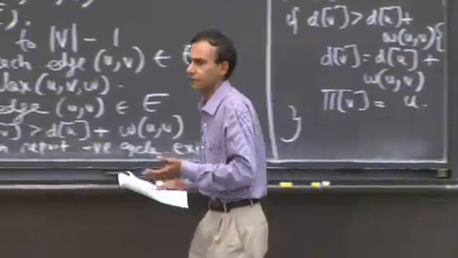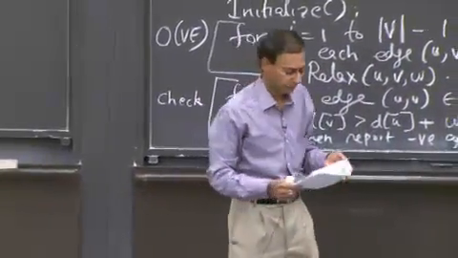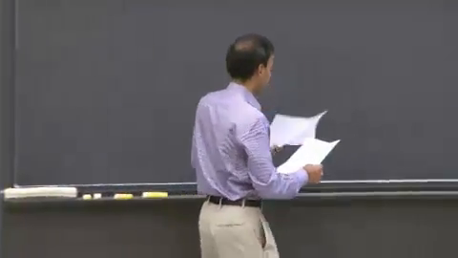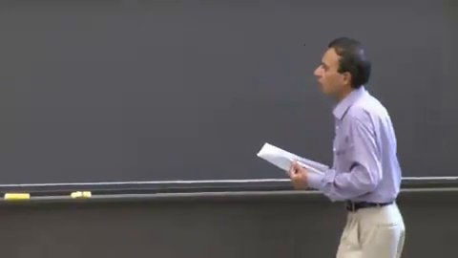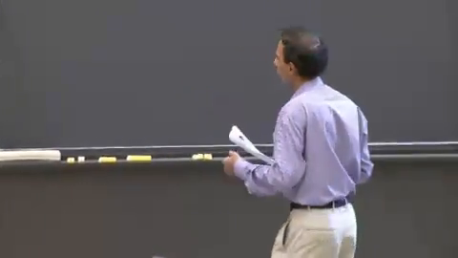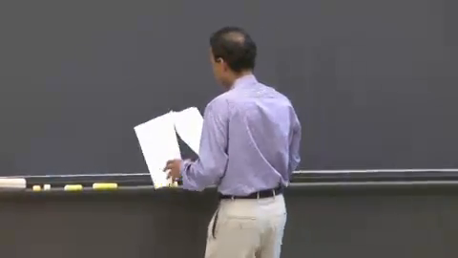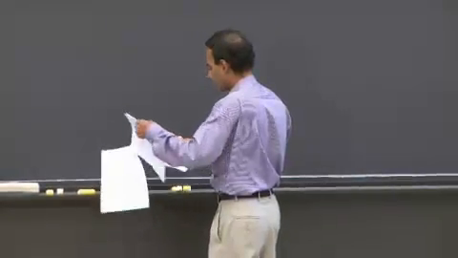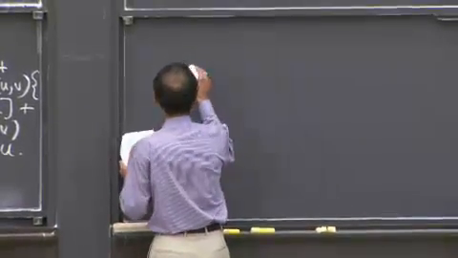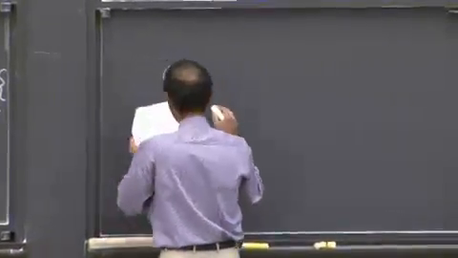So one of the first things that we have to do in order to prove this theorem is to think about exactly what the shortest path corresponds to in a generic sense. When we have a source vertex S and a particular vertex V, here's the picture that we need to keep in mind.